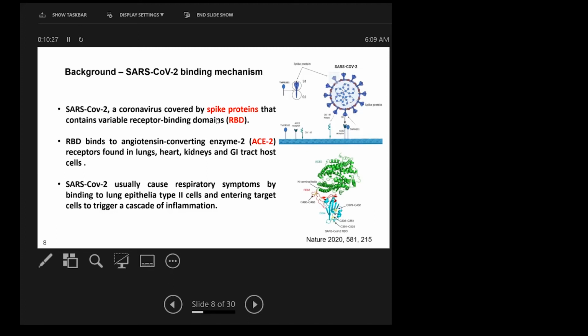And this RBD can bind to the angiotensin converting enzyme 2, called ACE2 receptors, in the host cells, for example, located in the lungs, heart, kidneys, and GI tract. And actually, this binding between the RBD and ACE2 is very tight. So we are thinking, can we use this ACE2 receptor to combine with the algae for further removal of the SARS-CoV-2 spike protein?